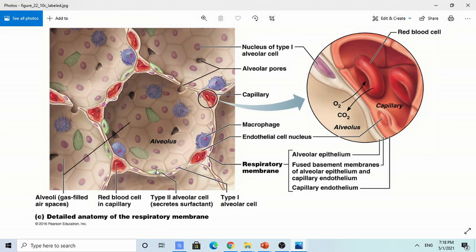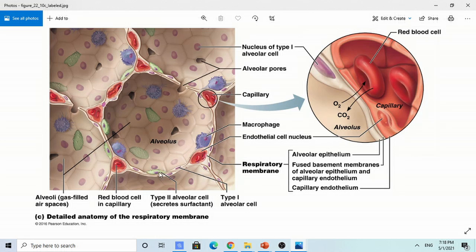By the way, these type 2 alveolar cells produce a fluid known as surfactant, which prevents the alveolus, this thin-walled hollow structure, from collapsing. Otherwise, the surface tension produced by the fluid lining the interior of the alveoli would have collapsed the alveoli, but they don't because of surfactant produced by type 2 alveolar cells.